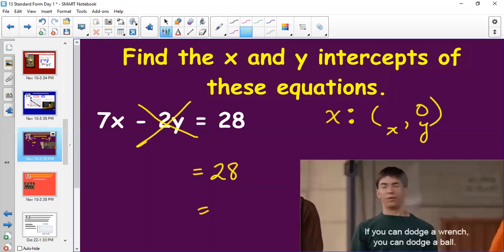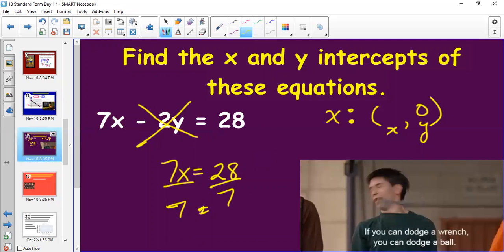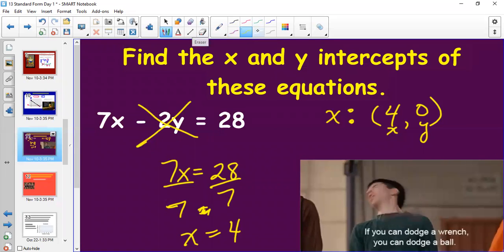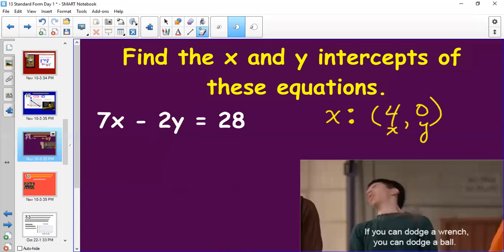Our y term went away, so it was 7x equals 28. And if I divide by 7, x is going to equal 4. I just put a y instead of an x. Sorry about that. So that was your x-intercept. I'm going to go ahead and erase it. We're going to do the same thing. This time we're going to find our y-intercept.